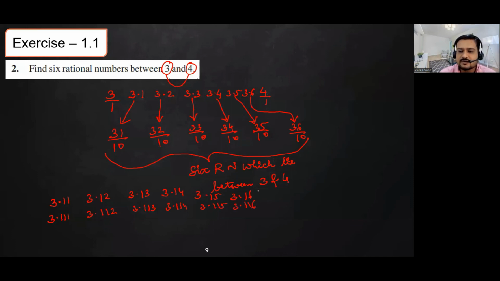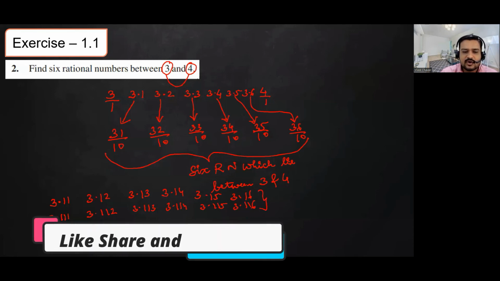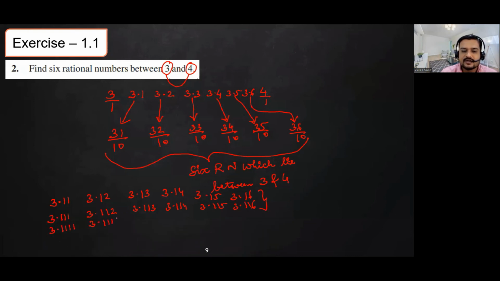So these are also rational numbers that lie between 3 and 4. I can write like this also: 3.1111, 3.1112, 3.1113, 3.1114, 3.1115, 3.1116. Yes or no? So all these rational numbers lie between 3 and 4 only. So that's why there are infinite rational numbers that lie between two given rational numbers.